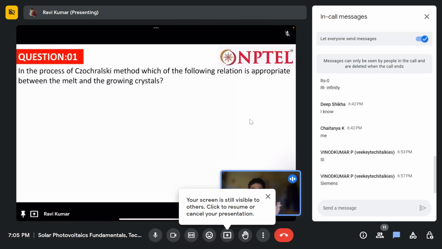Now it's time to do some questions. The first question says, in the Czochralski method, which of the following relations is appropriate between the melt and the growing crystal? These are the options.